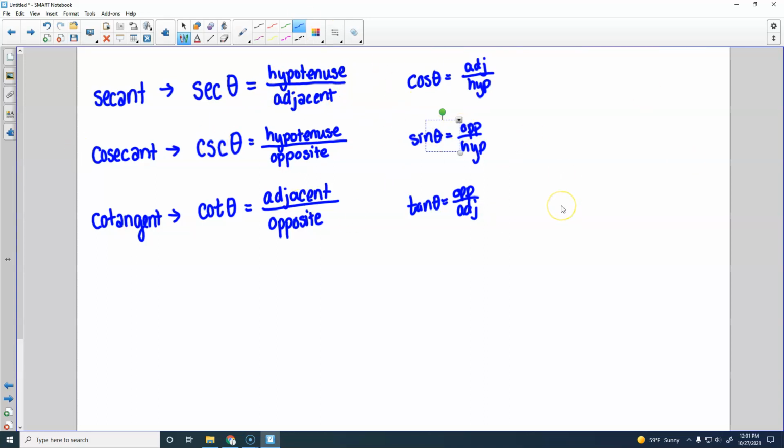That may or may not happen. So we're going to see problems that look like this. If tangent of theta equals 6, find cotangent of theta.